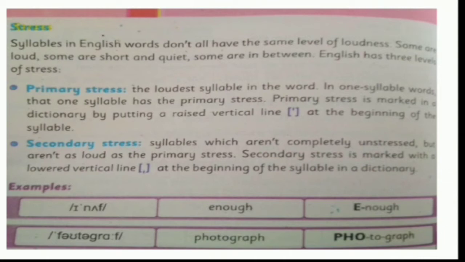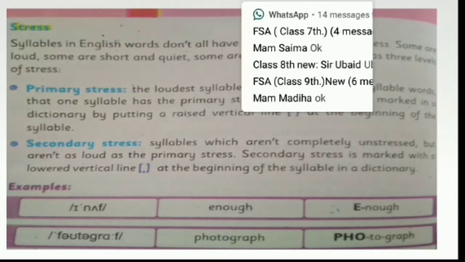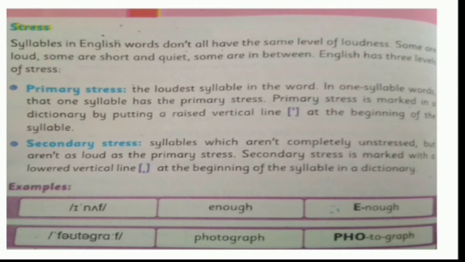About the loudest syllables, we said that whenever we find a word with a single syllable, of course we produce that syllable loudly, and we have to put primary stress on that syllable. You know this symbol now.